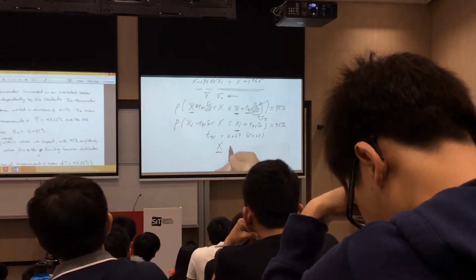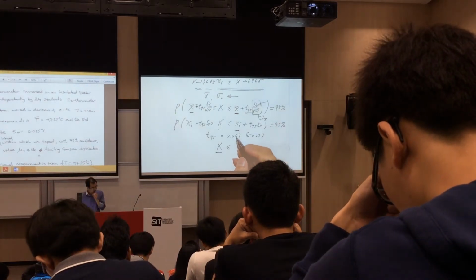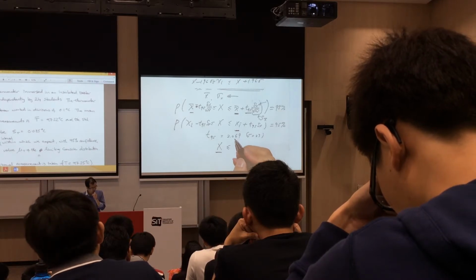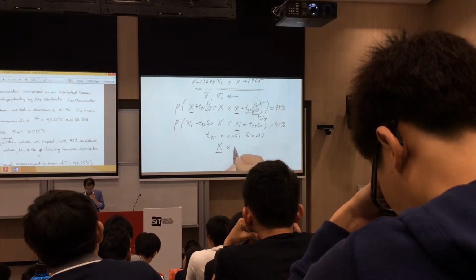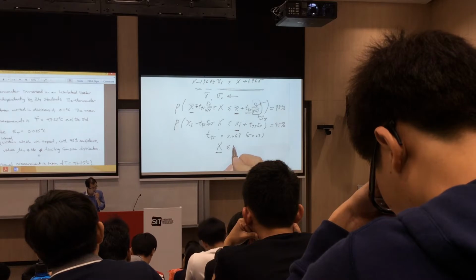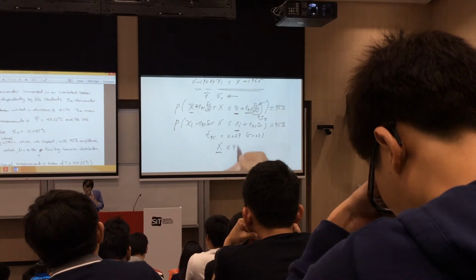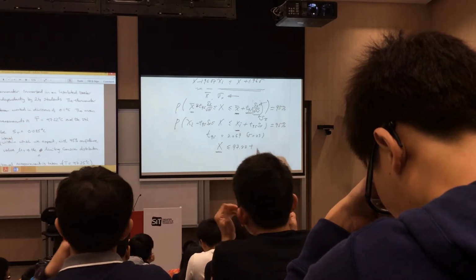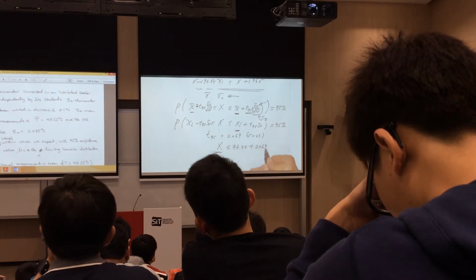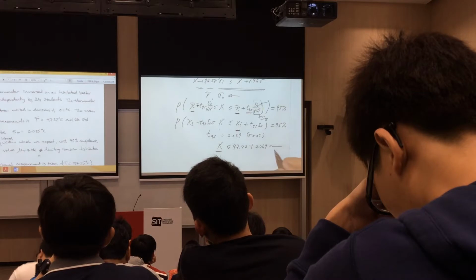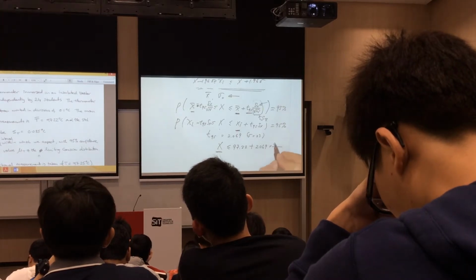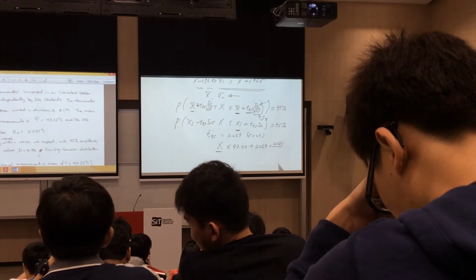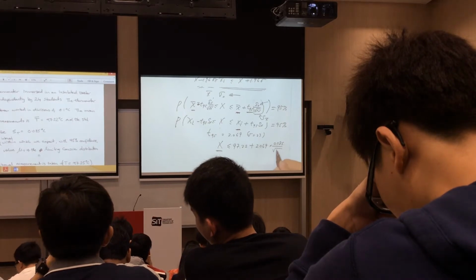You know the average value of the measurement, which is 97.22, plus 2.069 times the standard deviation, 0.085, divided by square root of 24.